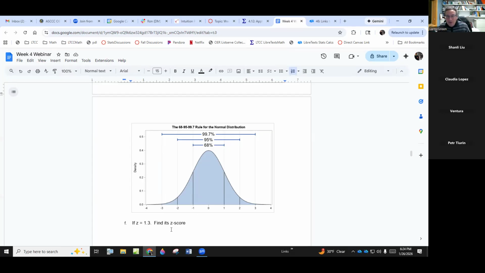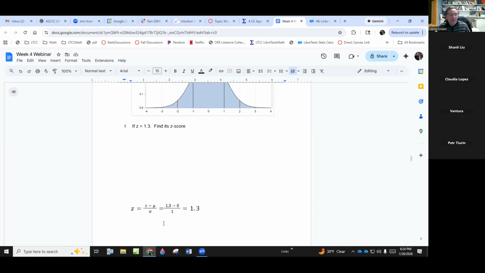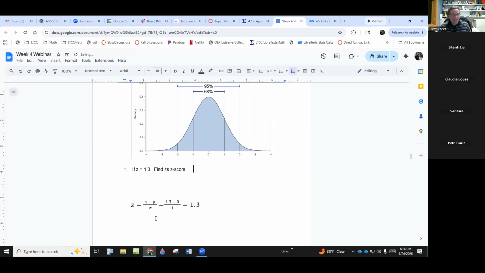So remember the z-score, by definition, was our value minus the mean, all divided by the standard deviation. What's the mean of the standard normal distribution? I've already said it. What is the mean? 0. What is the standard deviation of the standard normal curve? Is 1. So that means all you have to do is you know that z is x minus mu over sigma.